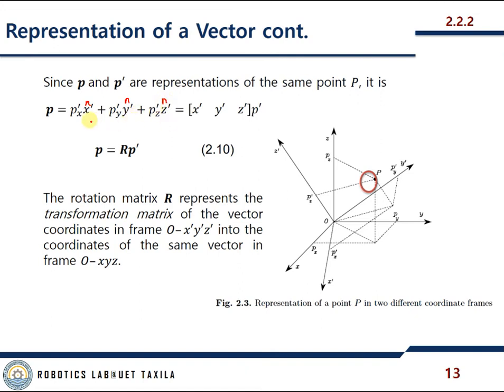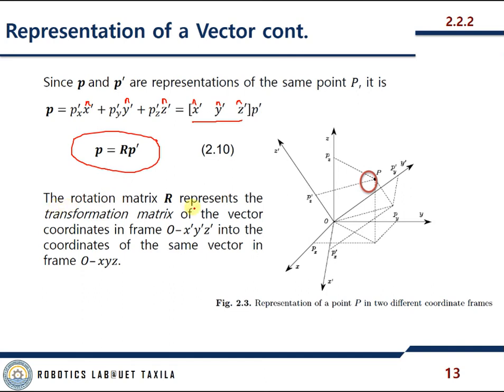It is called the unit vector symbol. So in a similar way we can represent this P, and you can see that this is actually a rotation matrix. So you can represent point P in a new frame with the rotation matrix and position in that frame.